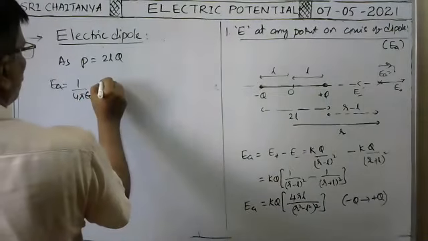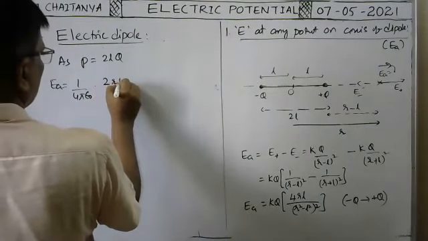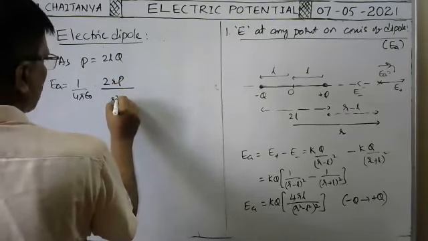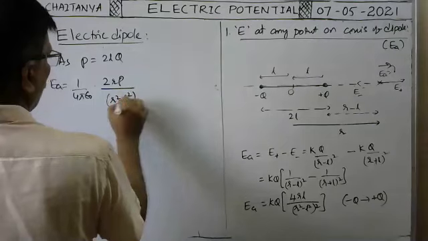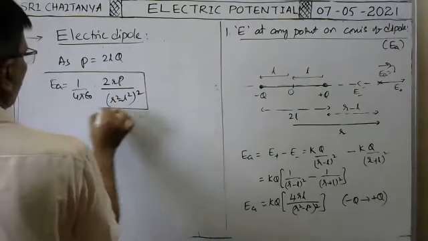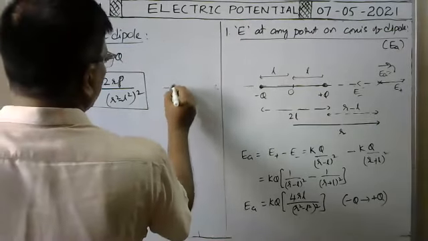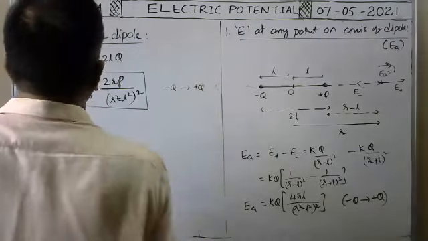That's why 2RP by R square minus L square whole square. In terms of P, this is the formula. It is from minus Q to plus Q.